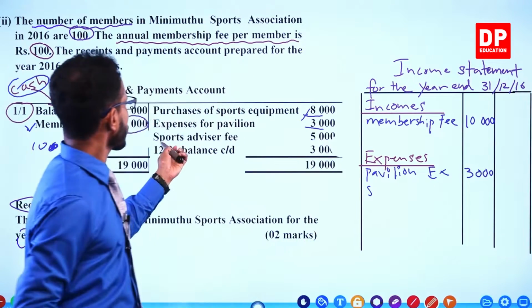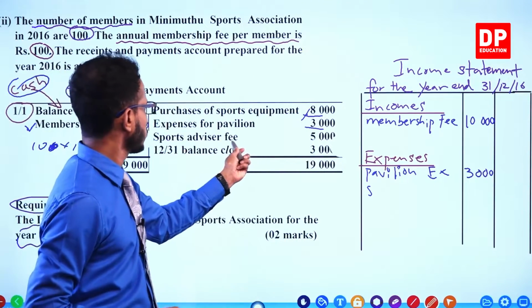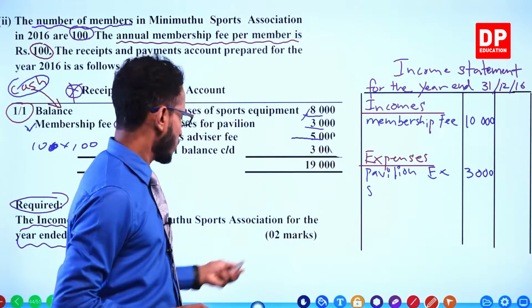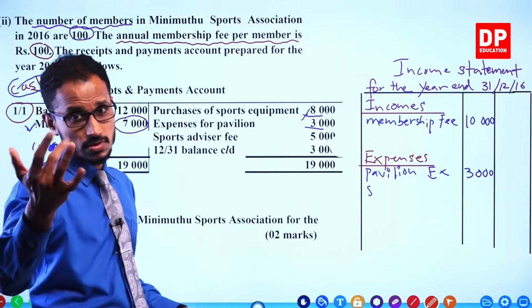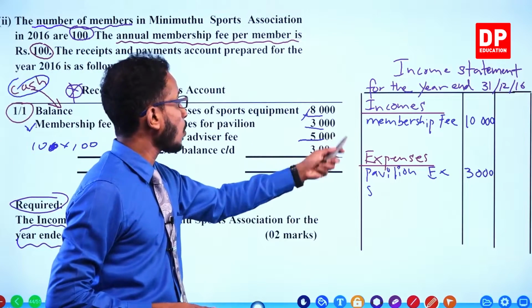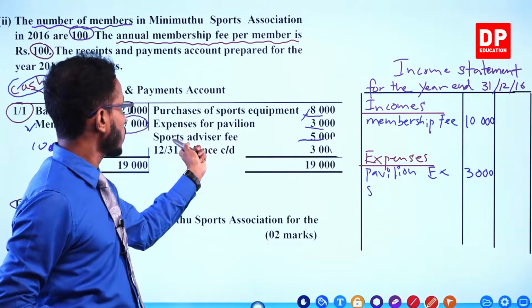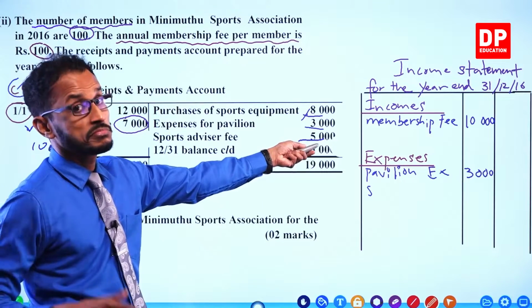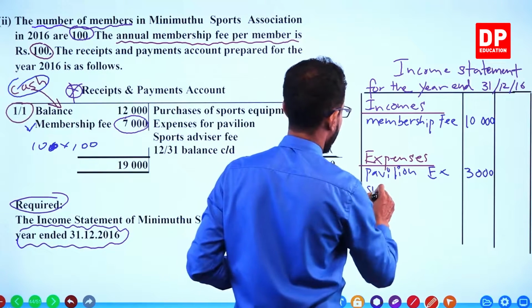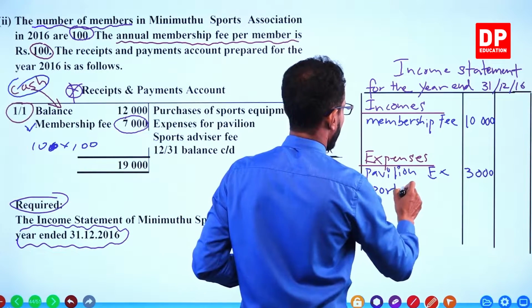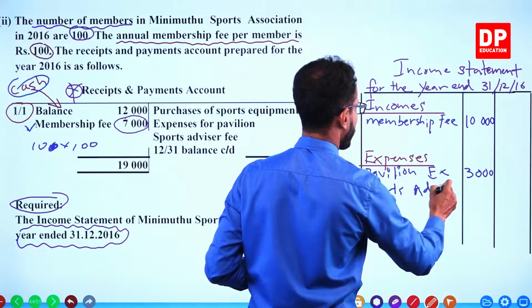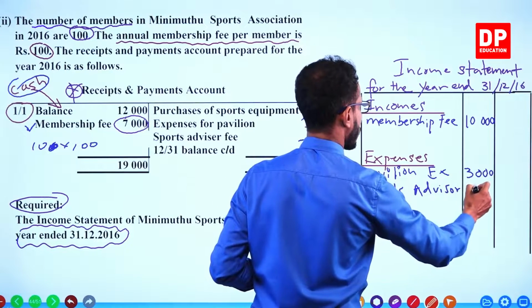I mean, the advisor's fee is a day-to-day expense. In a sports club, you should pay for coaches and advisors. Sports advisor, 5,000.